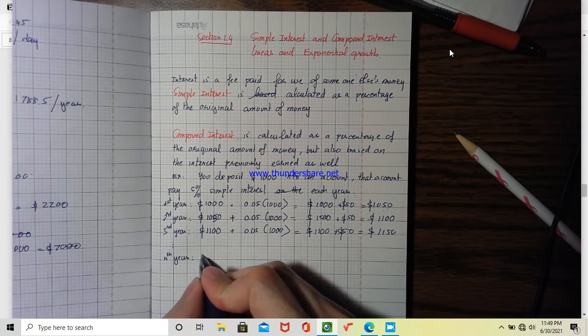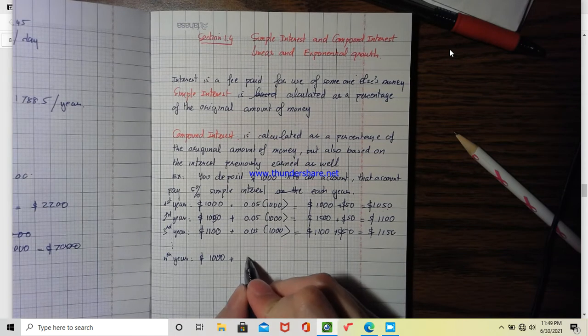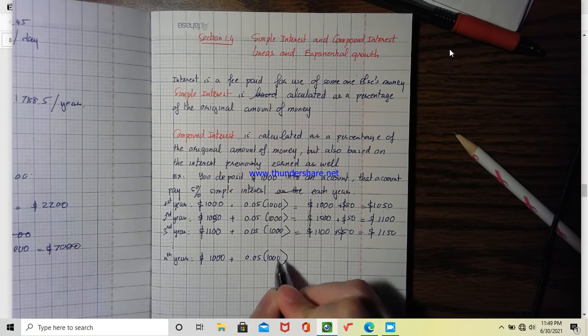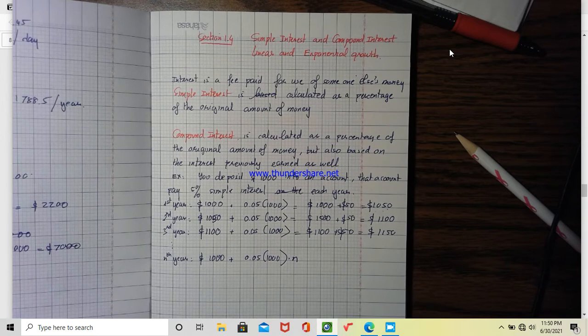This is what you're gonna do. You're gonna take 1,000 plus 0.05 times 1,000 times n. N represents the number of years.